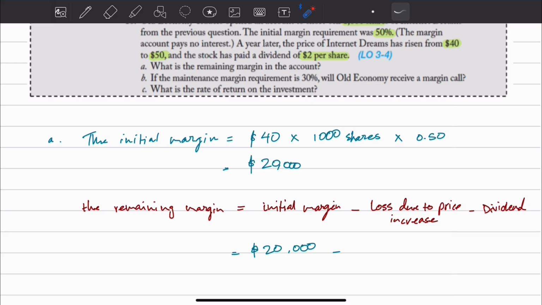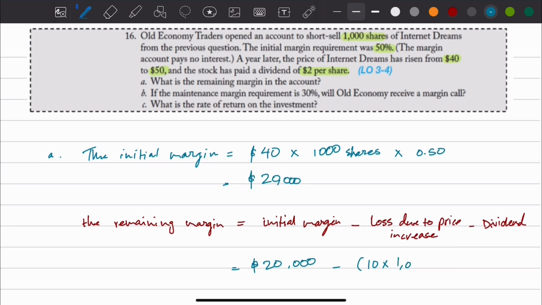So here, the difference is 50 minus 40, that's $10 multiplied by the number of shares, $10 multiplied by 1,000 shares. Okay, and for the dividends, it's $2 per share. So it's going to be $2 multiplied by 1,000 shares.